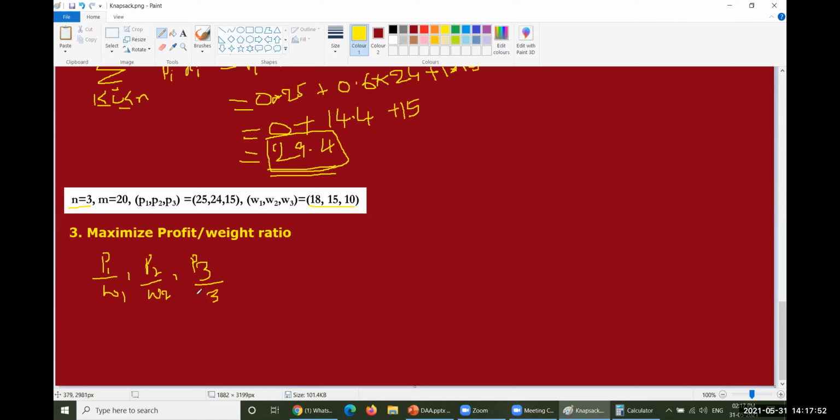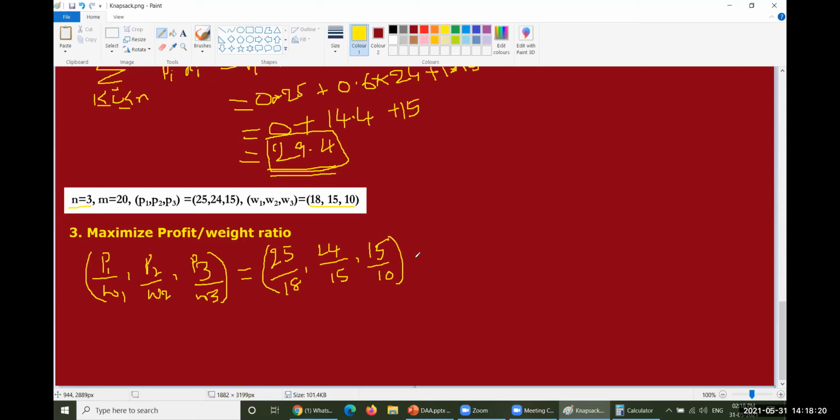We need to identify these profit to weight ratio values. What is the value of P1? 25. 25 divided by 18, followed by 24 divided by 15, and then followed by 15 divided by 10. We know 15 divided by 10 equals 1.5. That is well known to us.